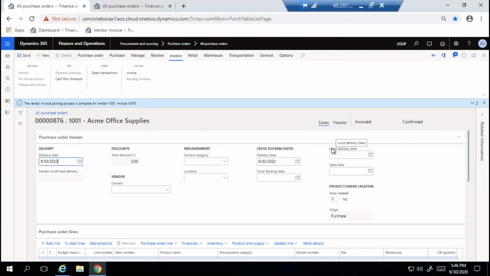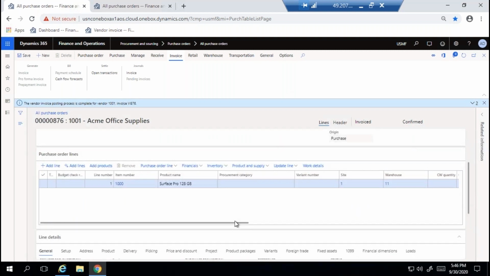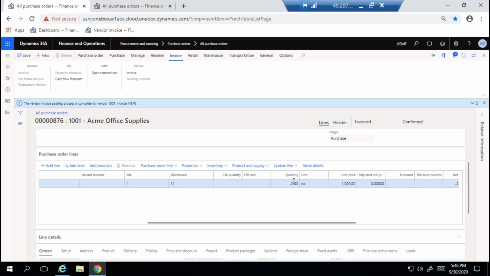Now invoice. The major difference between purchase returns and purchase order is, if you observe here, it will show minus quantity. If you are doing purchases, you enter a normal plus quantity, while doing a return it will be minus.